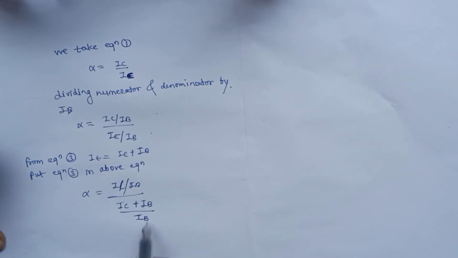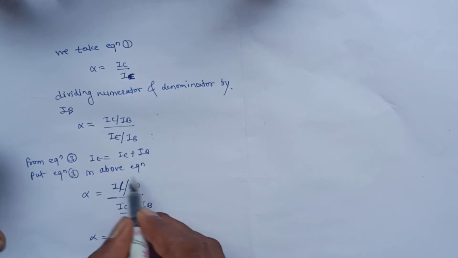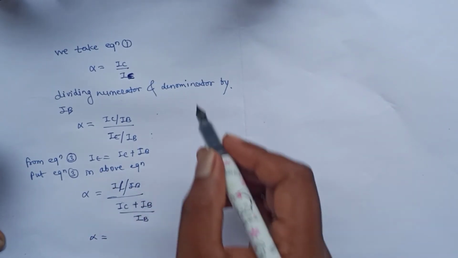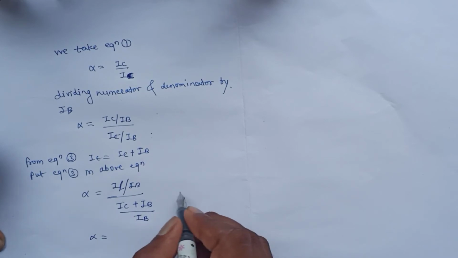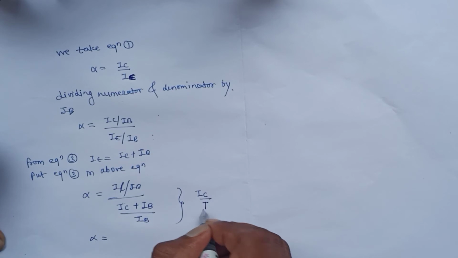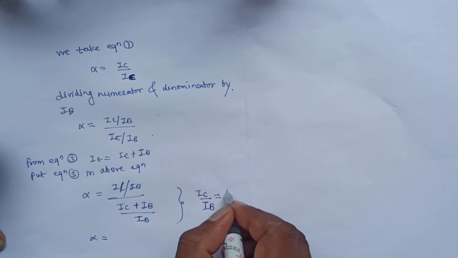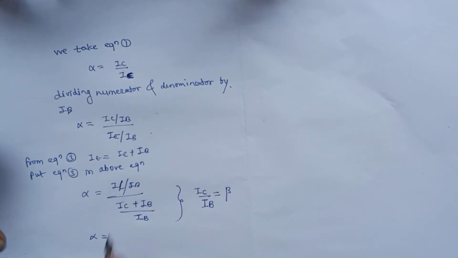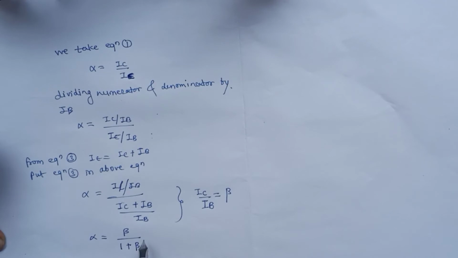Separate this and you will get alpha is equal to IC upon IB upon 1 plus IC upon IB. We know IC upon IB is beta. So alpha is equal to beta upon 1 plus beta.